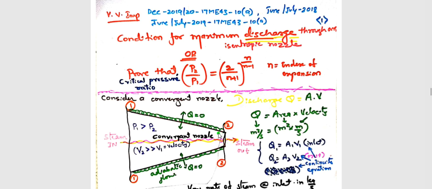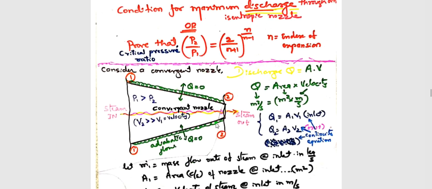M1 is equal to M2, or if you define it with respect to time, M1 dot is equal to M2 dot. These are the two important points to remember for deriving this equation. Now consider one convergent nozzle. I have taken one convergent nozzle here.